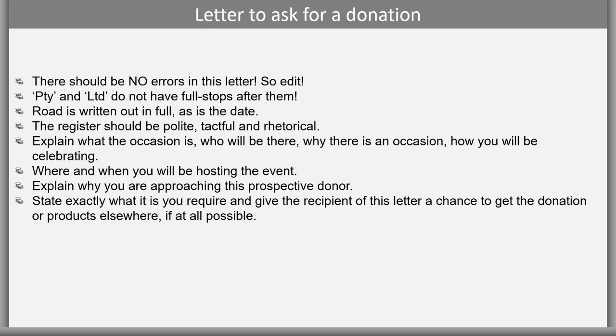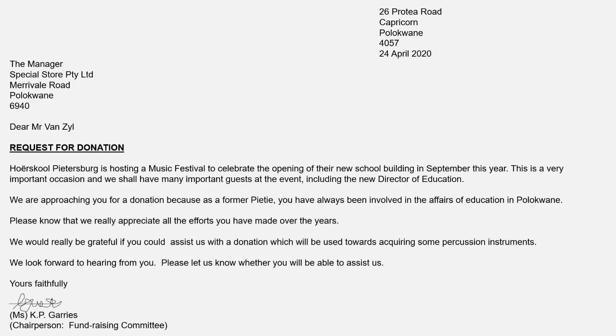Also provide information on where and when the event will be hosted, and why you are approaching this prospective donor. State exactly what it is you require and give the recipient of this letter a chance to get the donation or products somewhere, if at all possible. Here is an example.